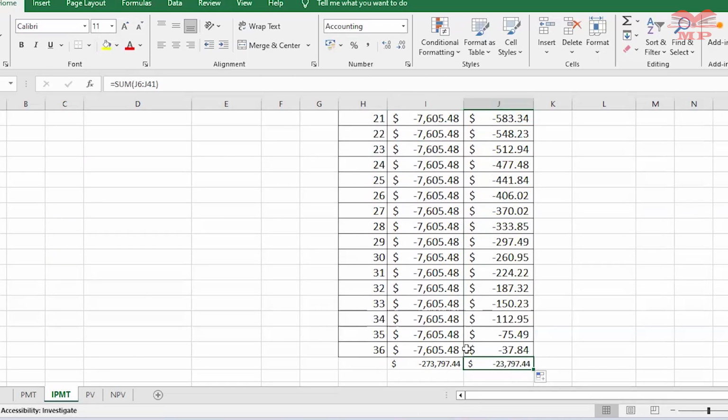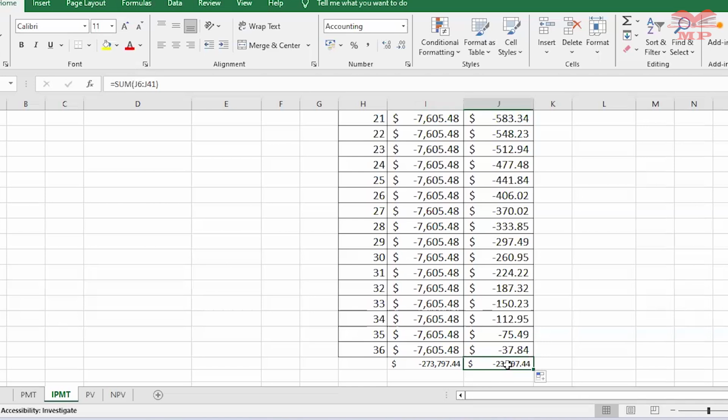okay, so I can see it still makes sense, because if I pay this over 3 years, of course I'll pay a larger amount of money. I'll pay 273,000 in total, and out of that 273,000, 23,797 will be interest.